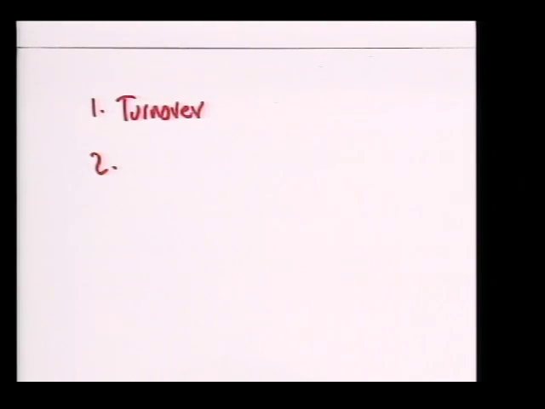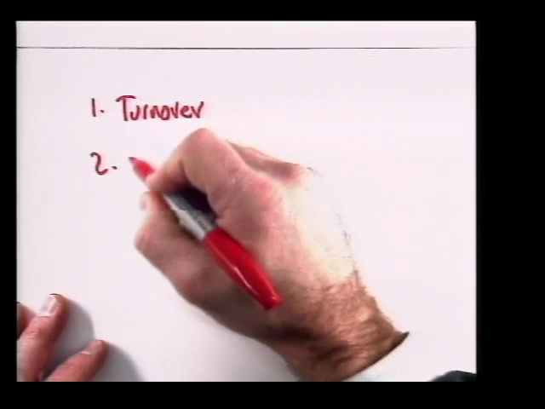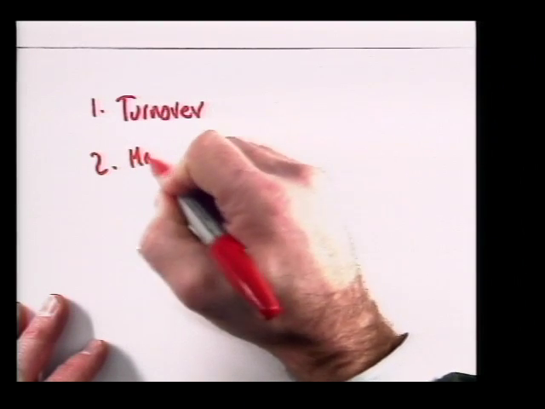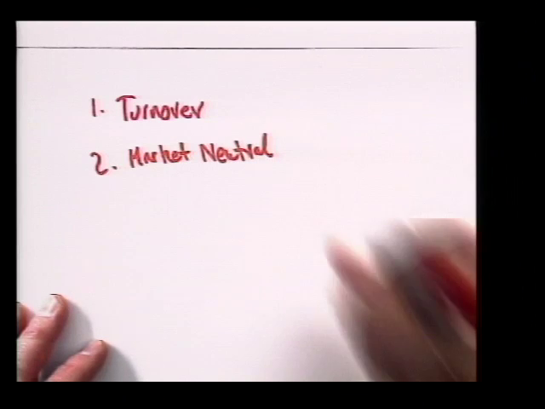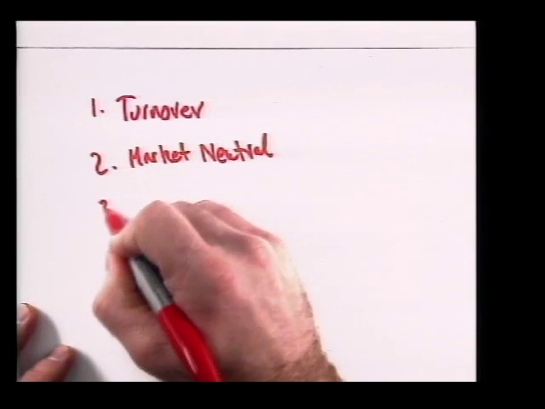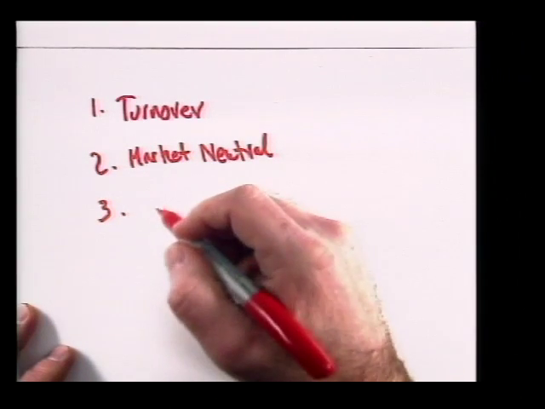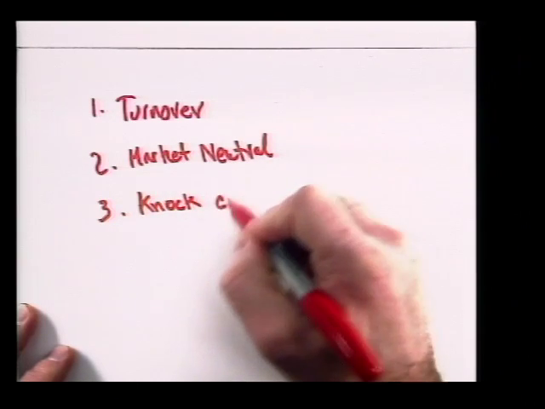A couple other things that are going to be important. The first one is that we have to make sure that we're neutral. Okay, so we need to check those betas and make adjustments if we're out of line. Number 3, I think I've already told you that we would have a knockout criteria.